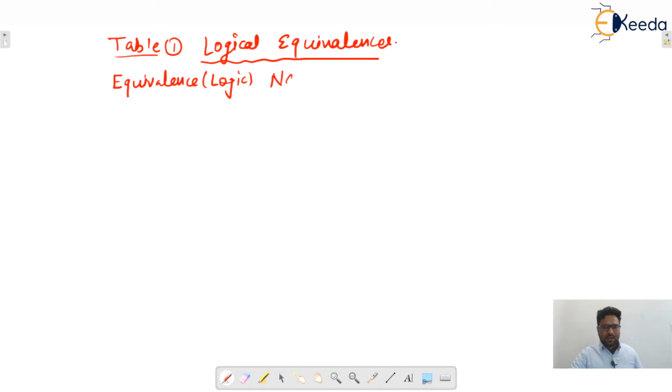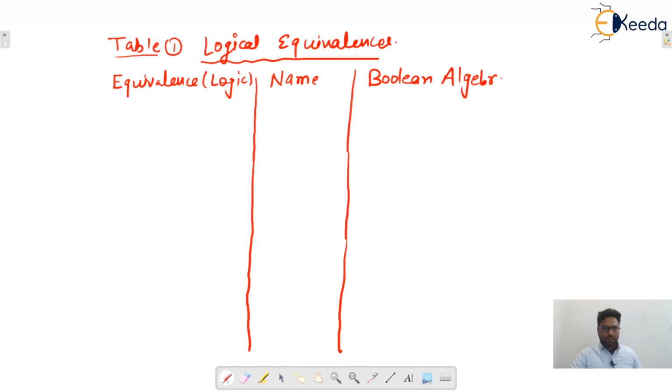Then we'll see the name of the identity, and then what this expression is in Boolean algebra. We'll see what the difference is between logic and Boolean algebra. We can easily find out. So this is the table, and this is Boolean algebra.